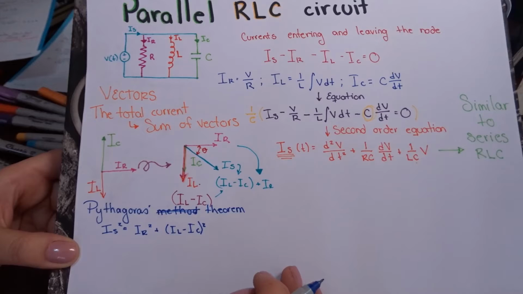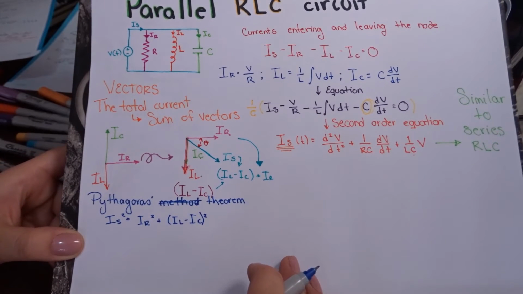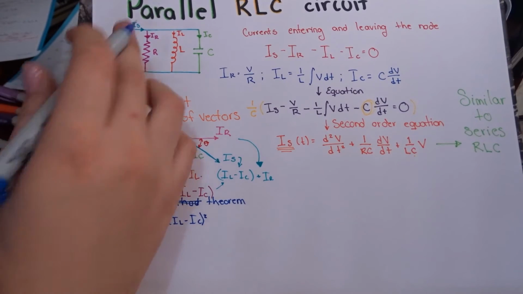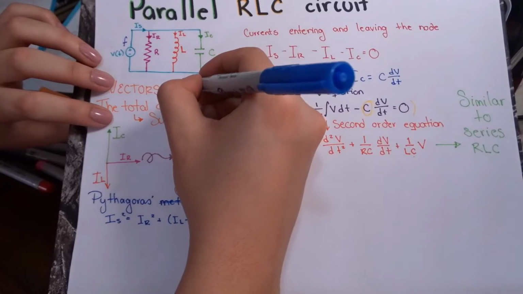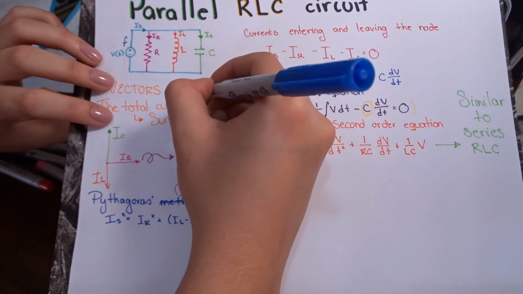Then we have that the current in the total system squared equals the current in the resistor squared plus the difference between the current in the inductor and the current in the capacitor squared.